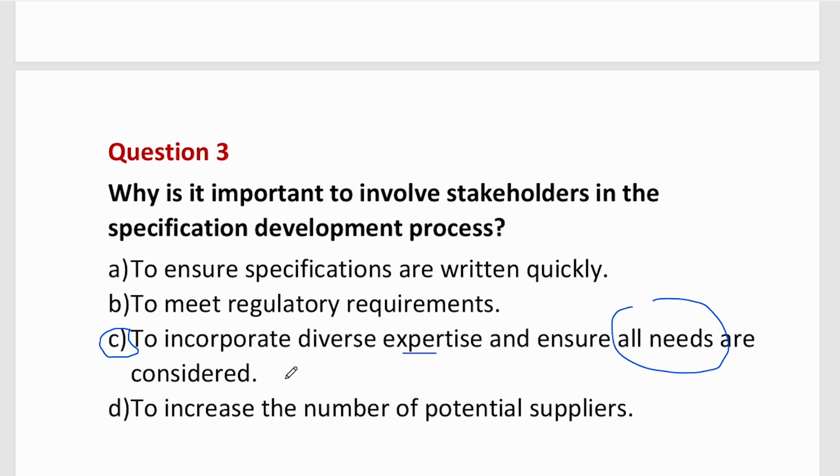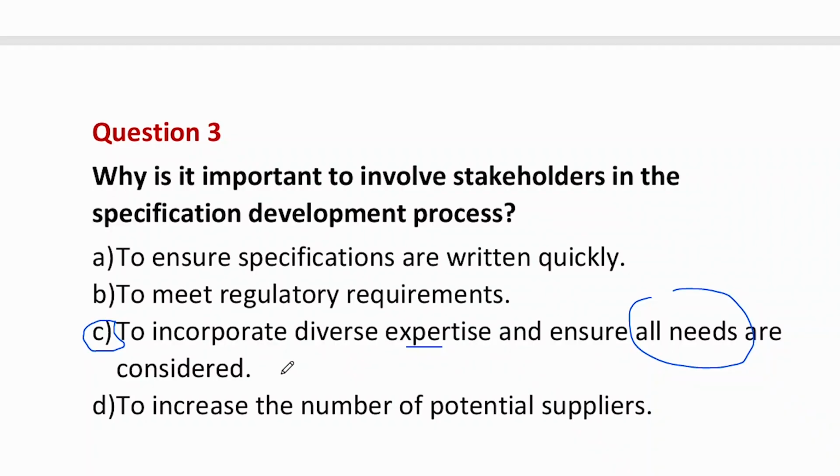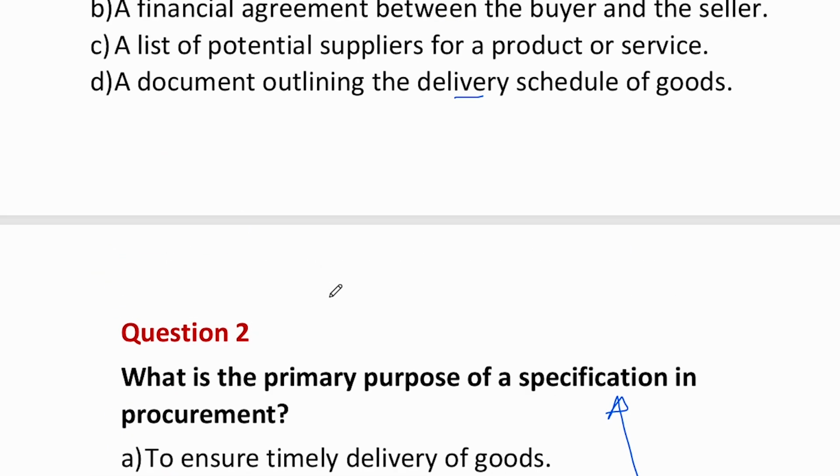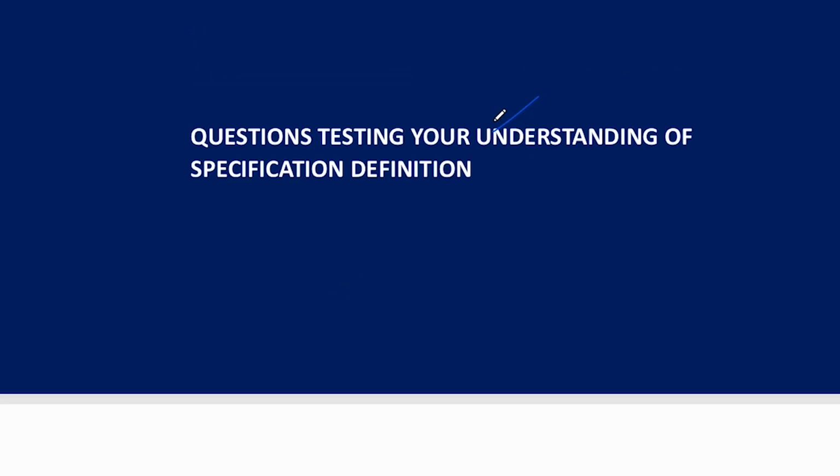And who are stakeholders? These are the people who can affect or be affected by whatever you are doing in that procurement. And so we need to know where they stand as far as whatever we are doing is concerned. So these are some of the questions that can be presented as far as testing your understanding of the definition of specification.